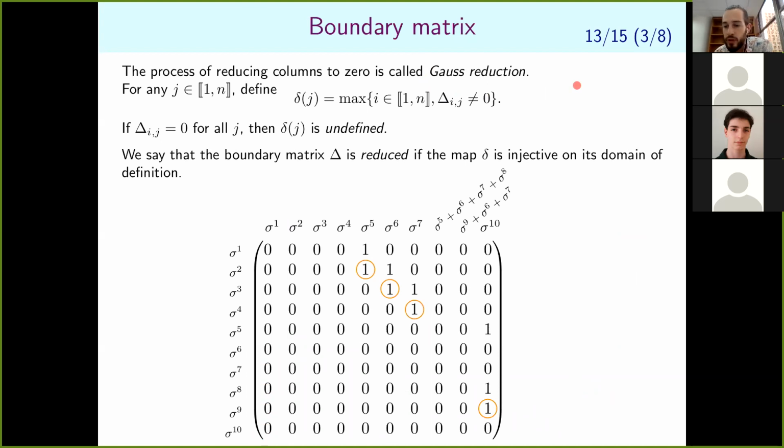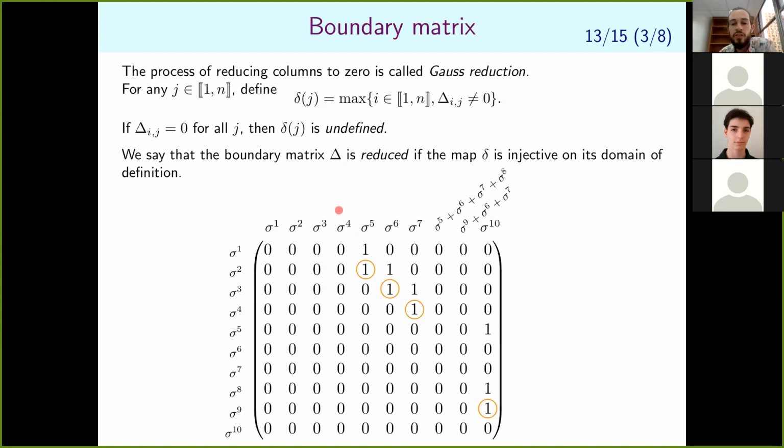And in order to define the algorithm, I will use this function, small delta. For any j in 1 to n, I define delta of j as the maximal index i such that the ith entry of the column is not 0.